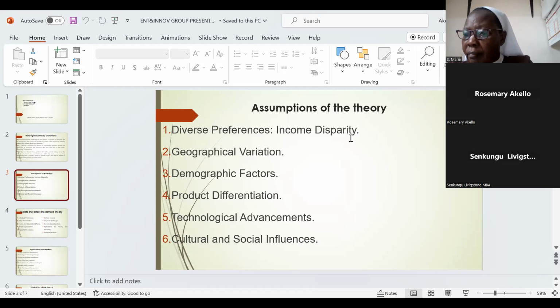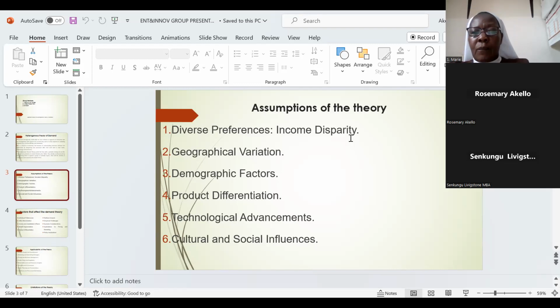Geographical variation. Demand can vary based on geographical factors such as location, climate, population density, and local preferences. For instance, certain products may be more popular in urban areas compared to rural areas due to lifestyle differences. Then we have demographic factors. Variations in age, gender, education, and family size influence consumer preferences and demand patterns.